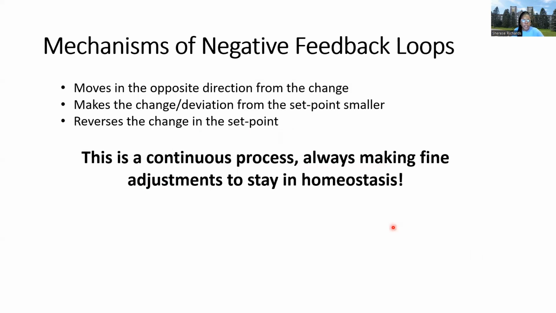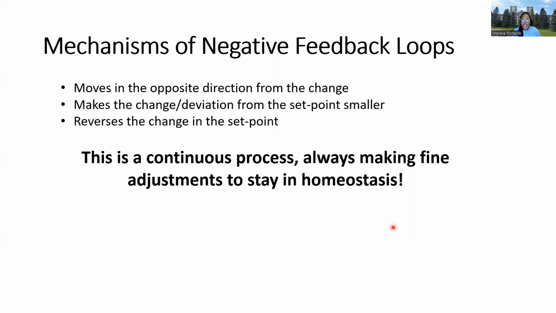Now, a negative feedback loop, let's talk a bit more about what that is and what's entailed. It must move in the opposite direction from the change. This is really important because you want to distinguish negative feedback from positive feedback, which we'll talk about coming up. So in order for it to be a negative feedback, it must move in the opposite direction as the change.